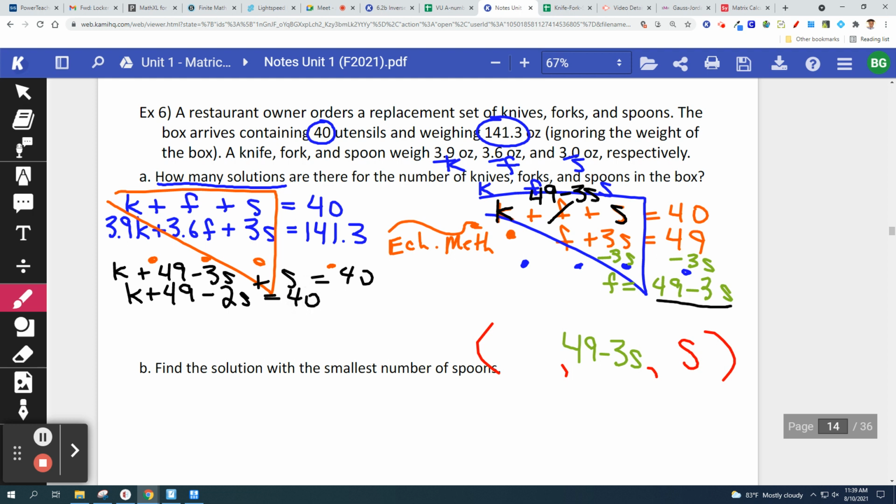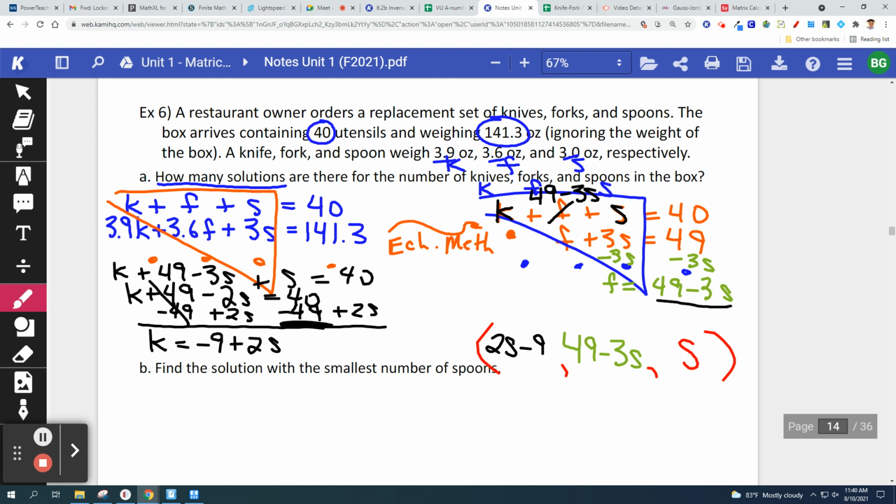And basically what I'm going to do is subtract this 49 over, just trying to ISO the variable, and I'm going to add 2S over. And so I end up with K equals, I've got 40 minus 49 right here is negative 9 plus the 2S. Or let's write it backwards and say 2S minus 9.